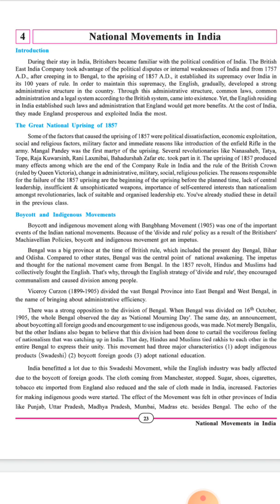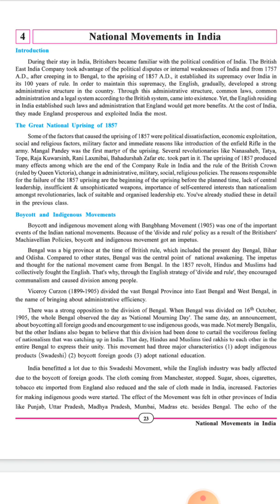Hindus and Muslims tied Rakhi to each other in the entire Bengal to express their unity and brotherhood. The whole of India firmly believed that this division was done to break the feeling of nationalism that was catching on strongly in entire India.